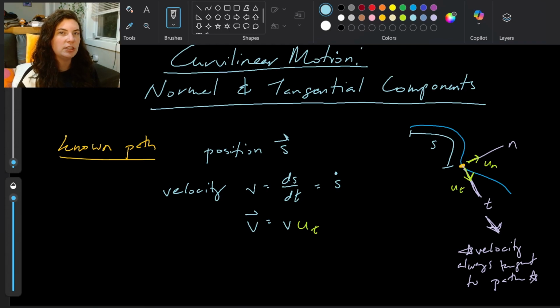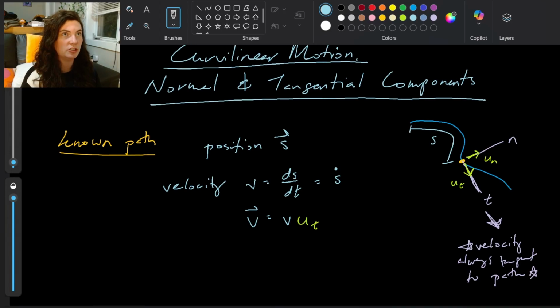Now with acceleration is where it gets a little bit more complicated, because acceleration is not just tangent to the curve. We can have acceleration in any direction, really. It is not exclusively tangent to the curve.